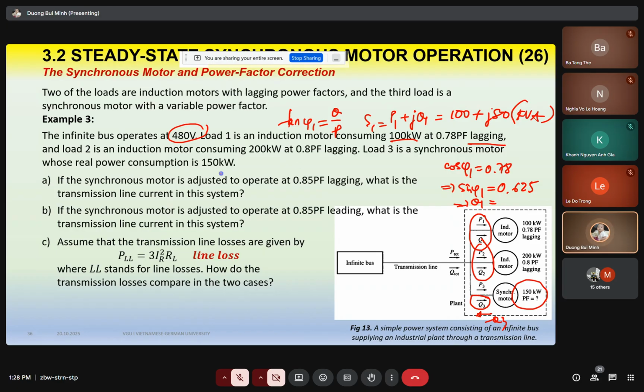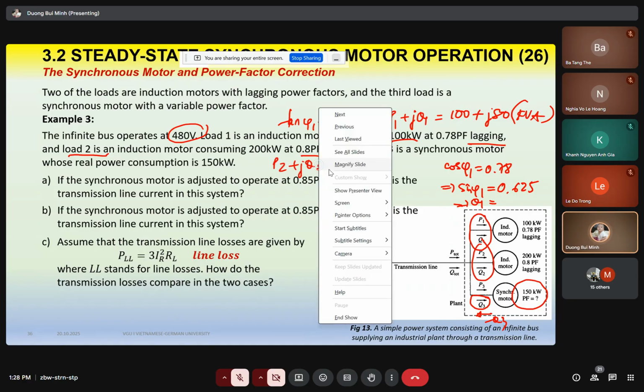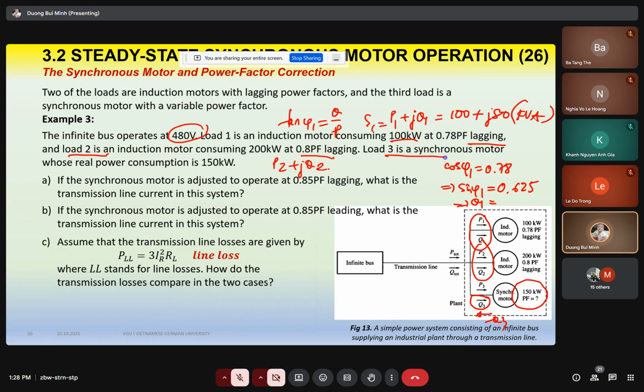Similarly we have load 2. This is lagging, so we have P2 plus jQ2. How about load 3? It consumes 150 kilowatts. If the synchronous motor is adjusted to operate at 0.85 power factor lagging, that means we have P3 plus jQ3.